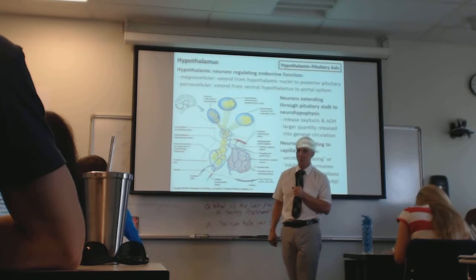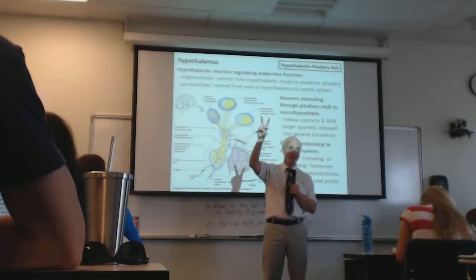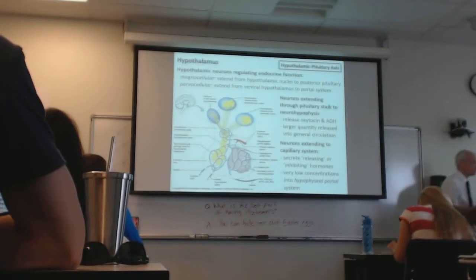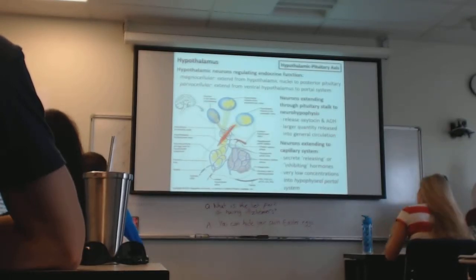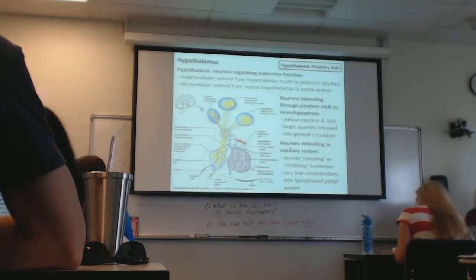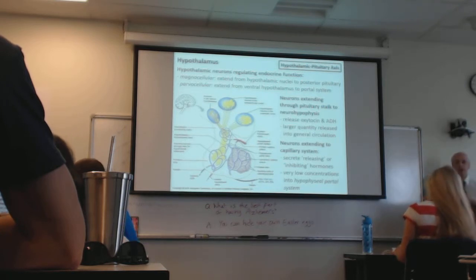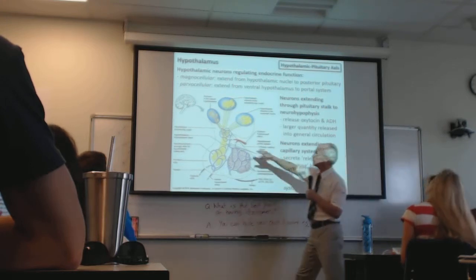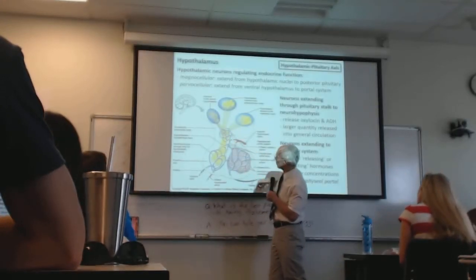I said there were two ways they communicate. So don't confuse the tract. The yellow is the tract. But the portal system is this very, very tiny microsystem of capillaries. You have several portal systems in your body, but this is the first one we'll talk about. So is that clear?